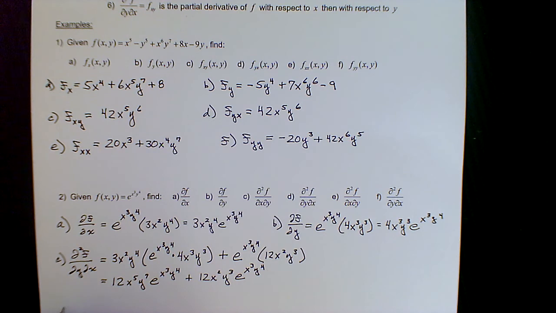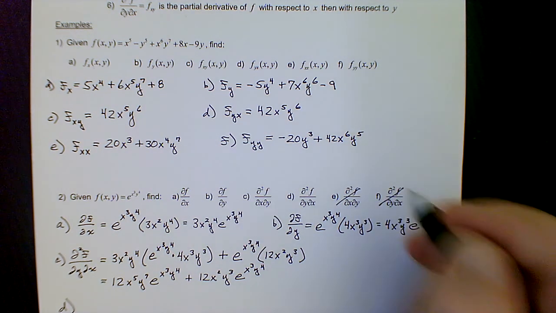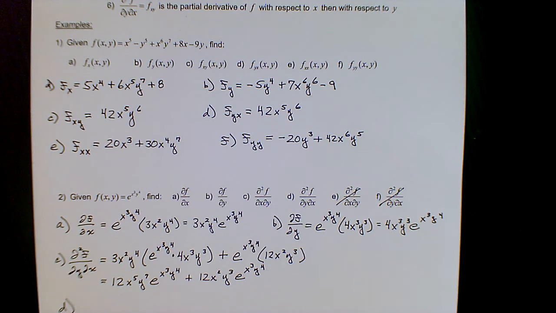Okay, I think we'll just do part D here, and then we'll skip these ones for now, because they're going to be very similar, but at least let us show that the mixed partials are in fact equal.